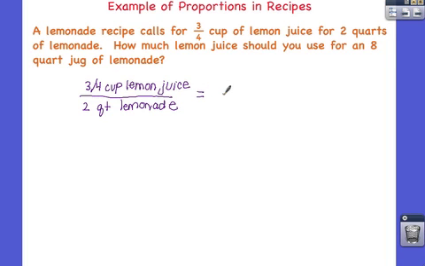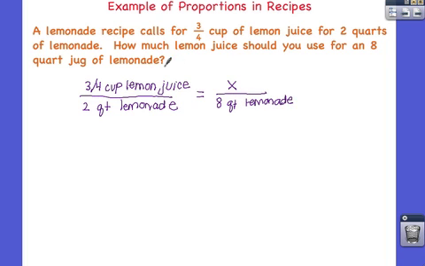And then I'm going to set that equal to our other ratio, which asks how much lemon juice should you use for an 8-quart jug of lemonade. So the question is x cups of lemon juice over 8 quarts of lemonade.